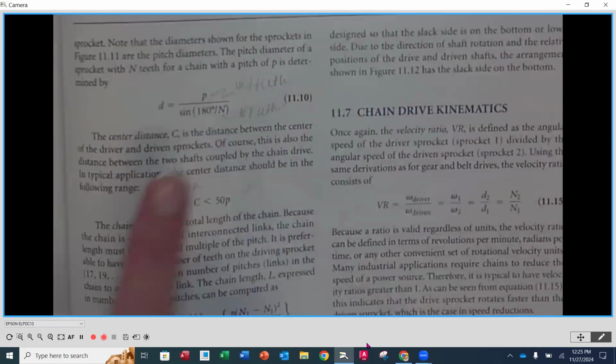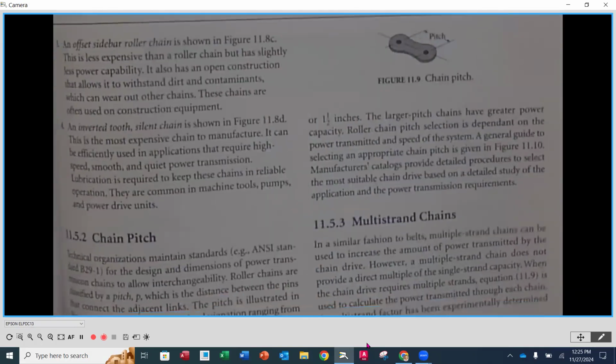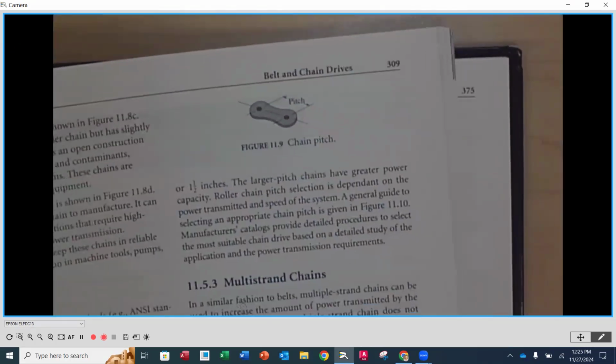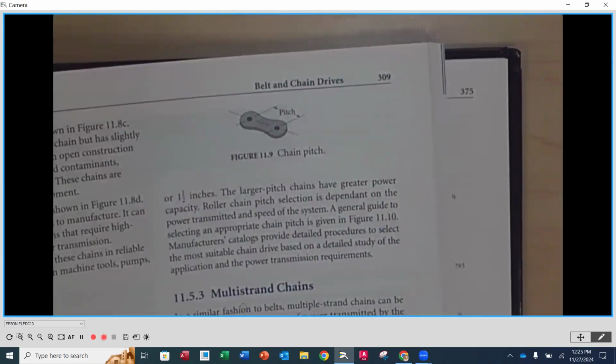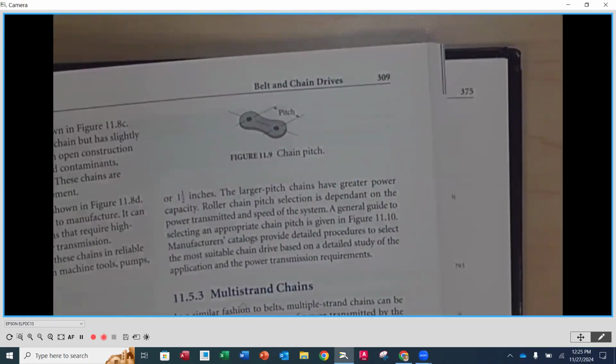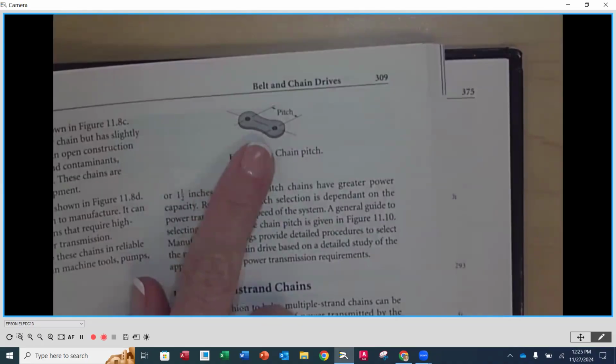So it's going to be equal to the pitch. The pitch is going to be in inches per tooth. Now, if we go back to page 309, the pitch is going to be the distance between, you might say, well, isn't that just inches? Yes and no. It does equate to a distance here, but it's per tooth. One tooth is going to fit up between those spaces on one side plate.